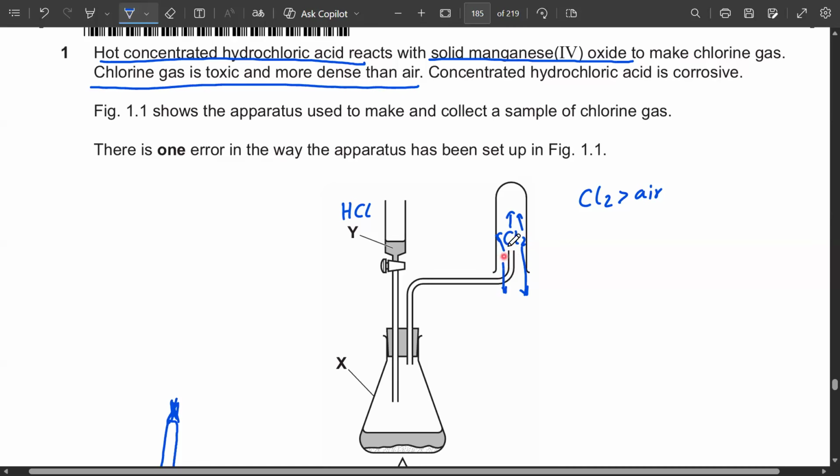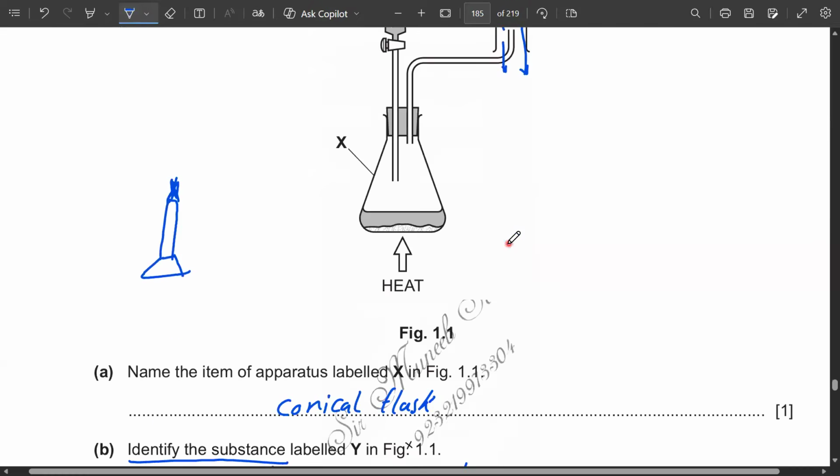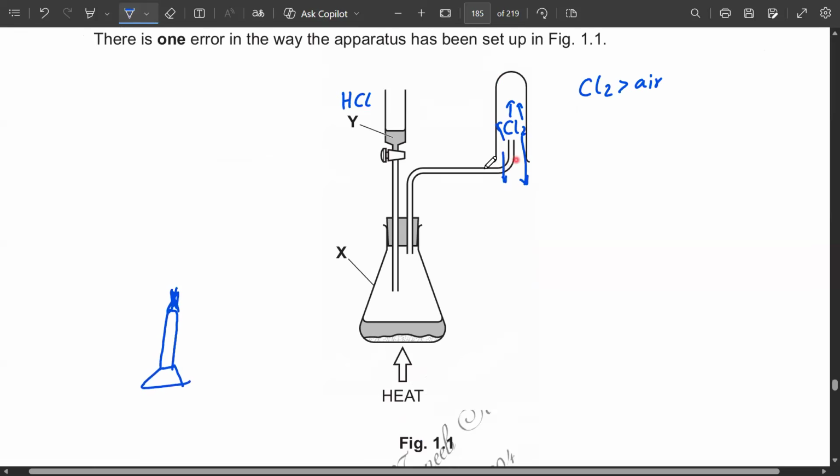The main thing is to collect the chlorine gas. So we can think that instead of moving upward, it should go downward, which means the diagram should look something like this. The delivery tube must go downward in this way, and there must be the receiving flask pointing downward.